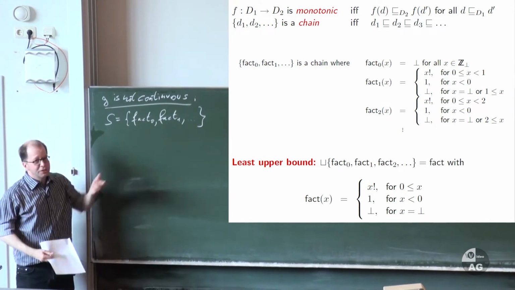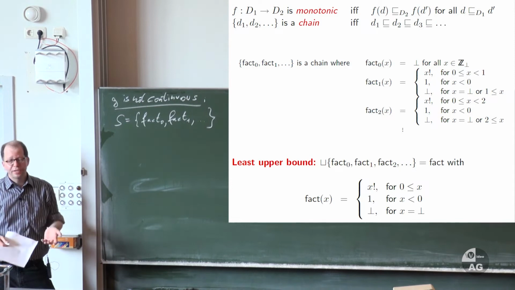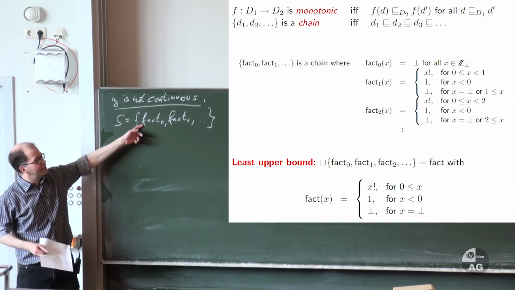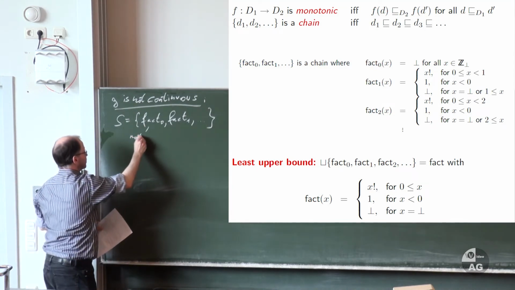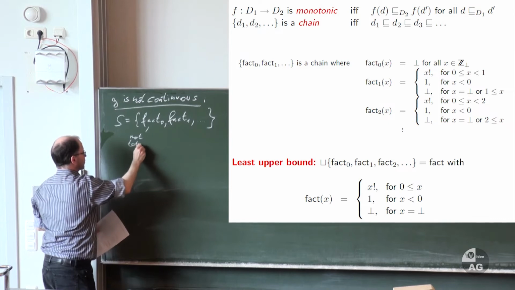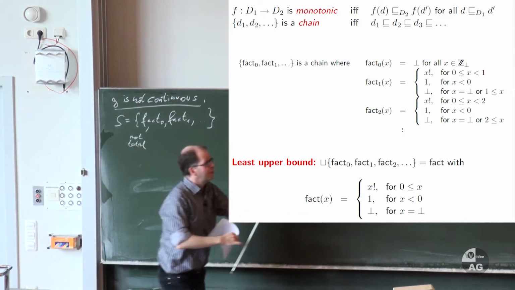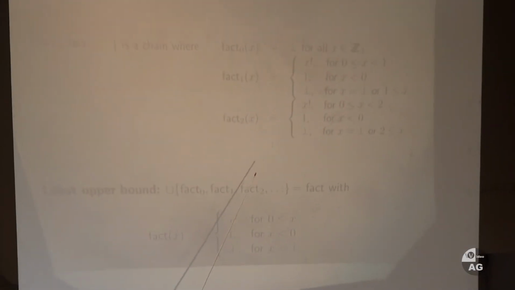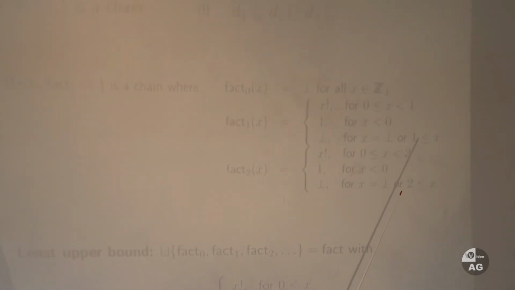The question is, does the function map every integer to something that is not bottom? Well, fact0 is clearly not total. It maps everything to bottom. What about fact1? Does fact1 map every number to something different from bottom? No, clearly not, because as soon as I have a number that is greater or equal than 1, it will be mapped to bottom. So fact1 is not total.